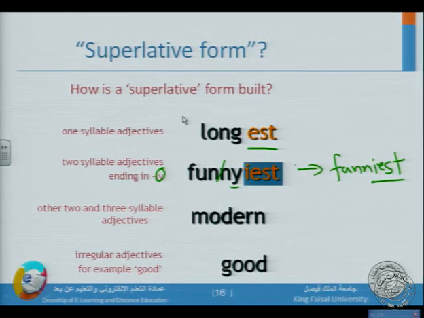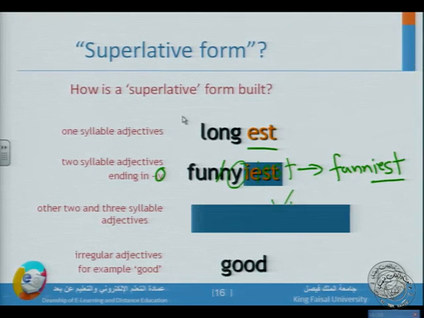أما الكلمات التي تتكون من أكثر من مقطعين صوتيين مثل modern, it consists of more than 2 syllables. In this case we cannot say modernist. ما بنقدر نحكي modernist. هذا خطأ لأنه modern أكثر من مقطعين صوتيين.